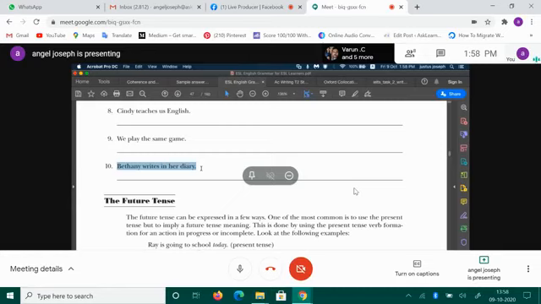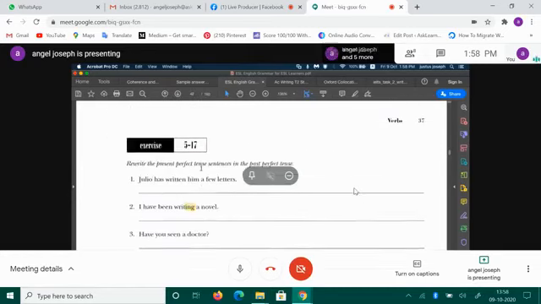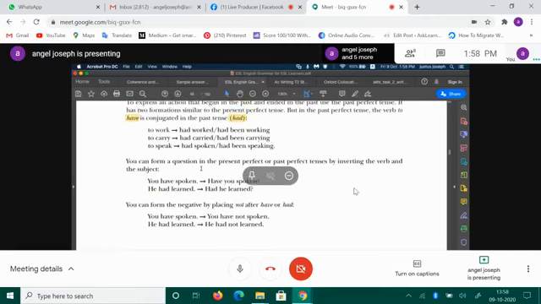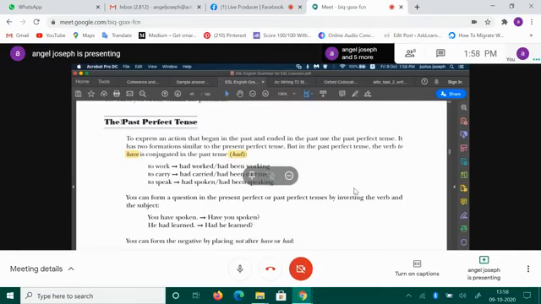Okay, so that's the exercise, and just a quick recap. We have discussed past perfect tense. How do we show past? By using this word had.